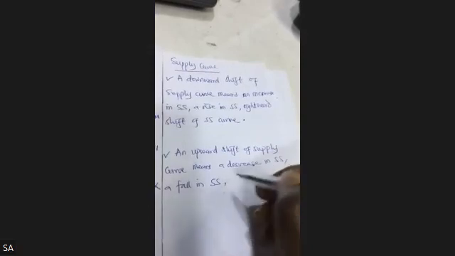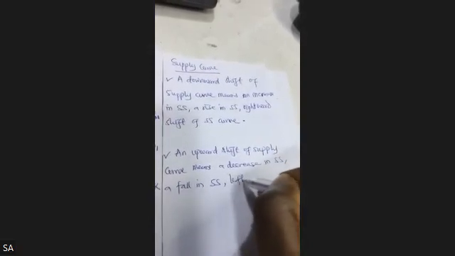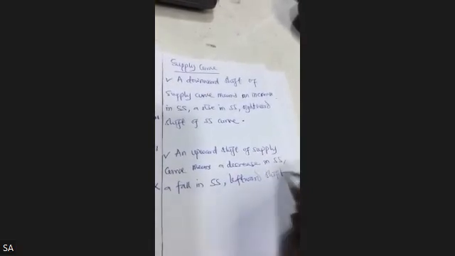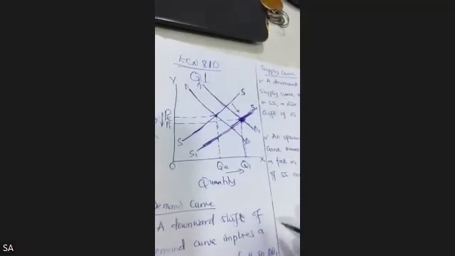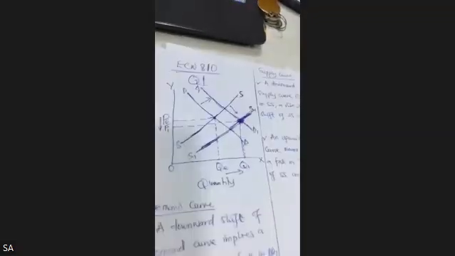It also means a leftward shift of the supply curve. So now let's go back to this. A downward shift of supply shows an increase, and an upward shift of the demand curve is actually an increase.